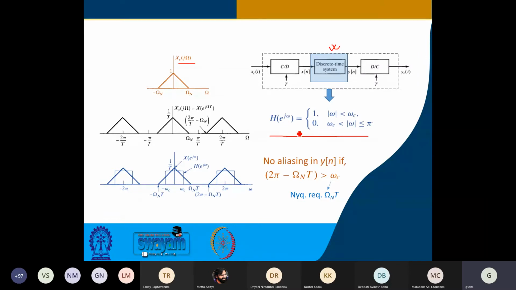Now this H(e^jω) is a low pass filter which is passing all the signal up to ω_c and attenuating every other signal beyond ω_c. So this particular output will be a filtered version of x[n].